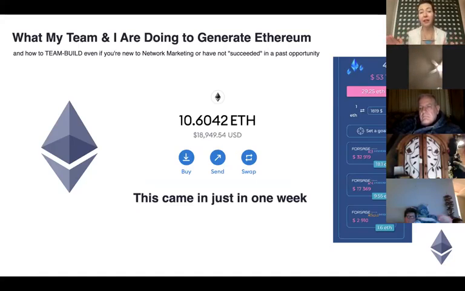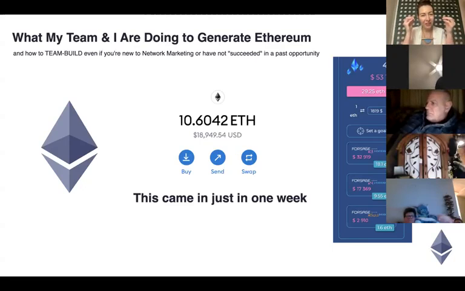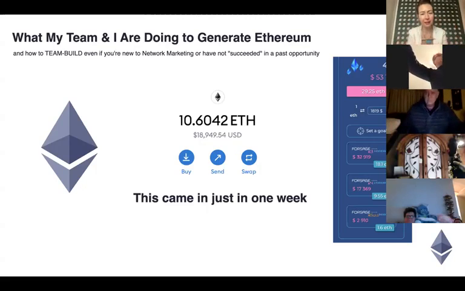But outside of that, generating Ethereum through team building, by learning and applying high-level attraction marketing, and learning how to prospect, connect with people, engage with people, and communicate in a non-salesy, non-generic way, rewires your neural network in a powerful way, because you really learn how to engage and connect with people. This is just high-level connection.